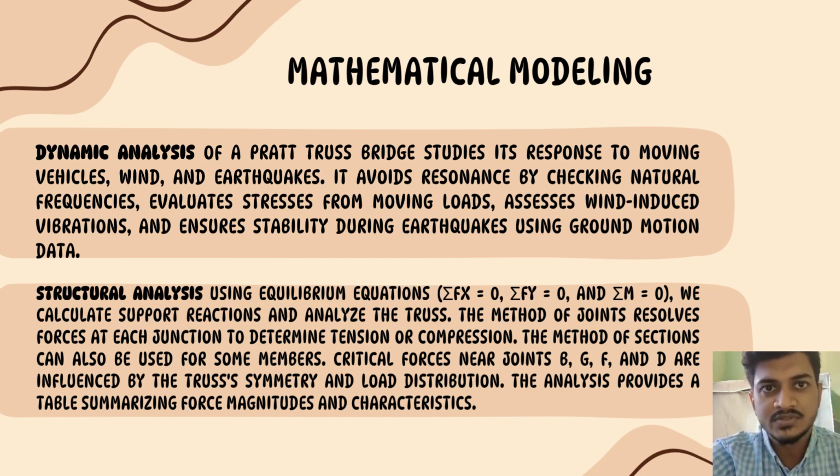The method of sections can also be used for some members. The critical forces near joints F, B, G, F and D are influenced by the truss geometry and the load distribution. At last, the analysis provides a table summarizing the force magnitude and character. Then we can see the next slide.